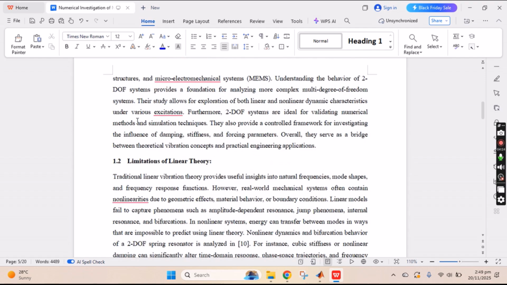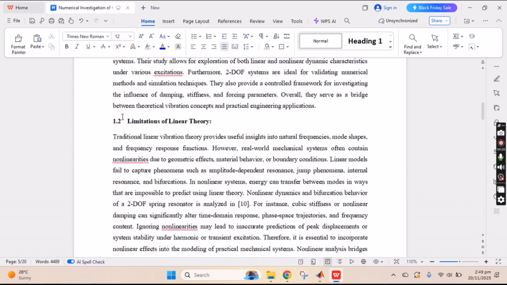The limitation of this theory is that we only limit it to linearities. The linear vibration method, for example, only covers the linear natural frequencies.